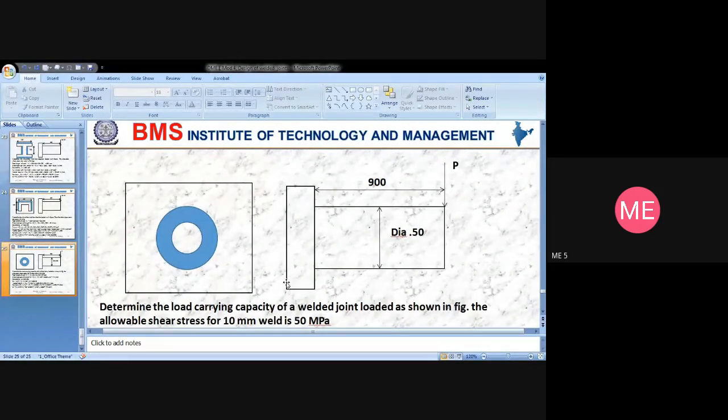So length of the weld is going to be how much? How to calculate length of the weld? Circumference, pi into d. That's it. Pi into d will give you the circumference of circle, that will give you the length of the weld, right? So use that total length of the weld, calculate the value of P and let me know the answer.